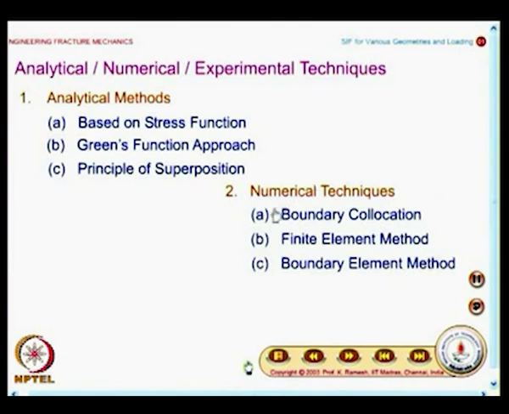And one of the aspects you will find in this is, people would have developed the solution by boundary collocation or finite element method, but in order for people to use their results, they have also tried to provide empirical relations based on the results. This is one trend you will see in all fracture mechanics courses.